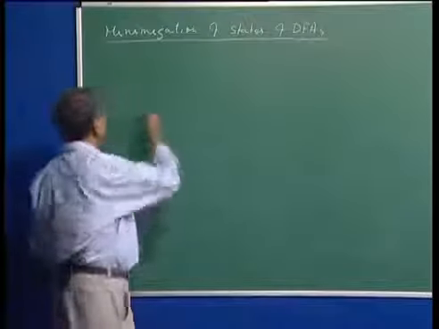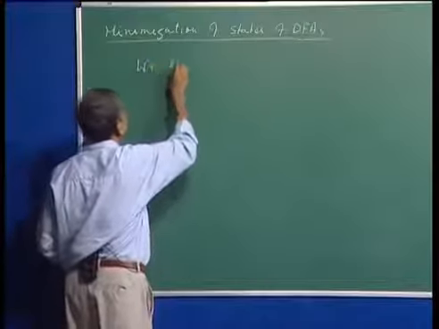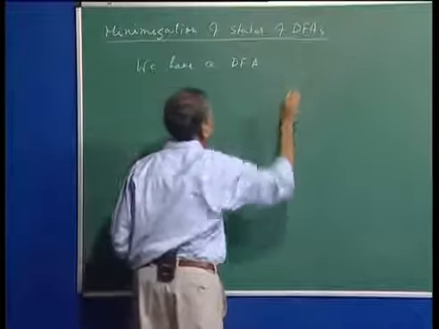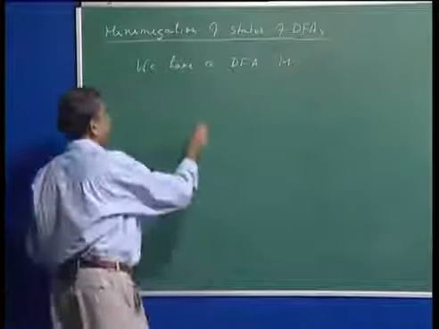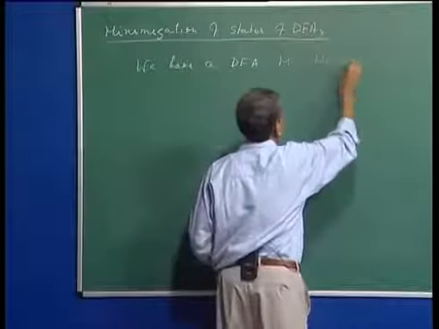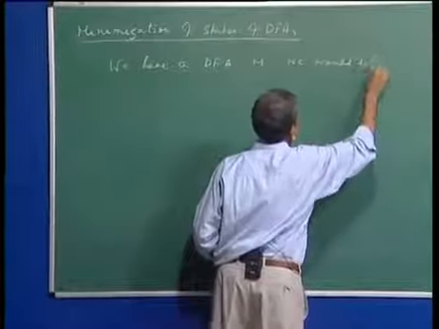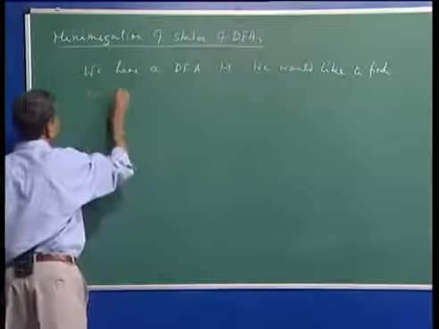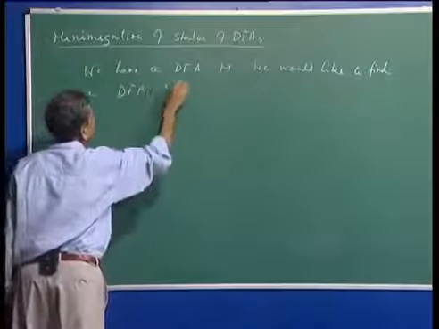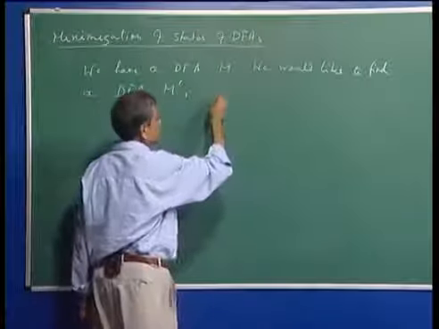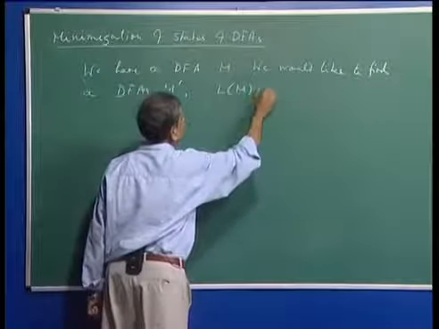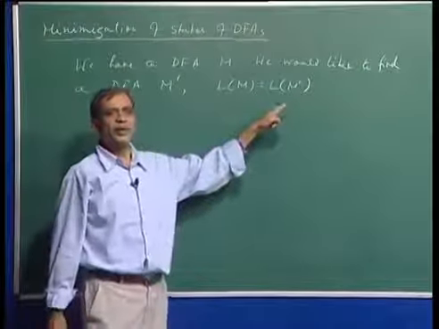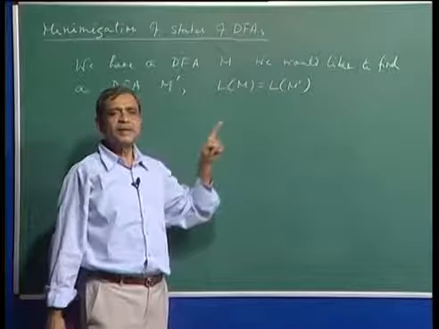We have a DFA M and we would like to find a DFA M' such that both M and M' accept the same language, and of all DFAs accepting that language, M' has the minimum number of states.